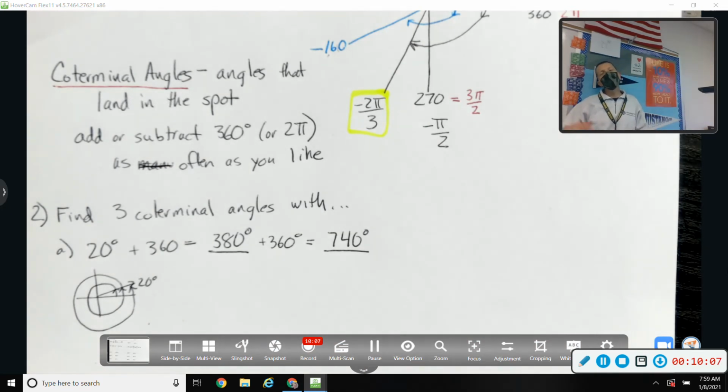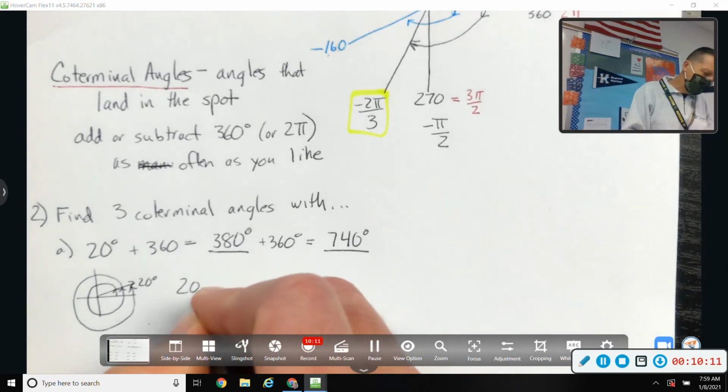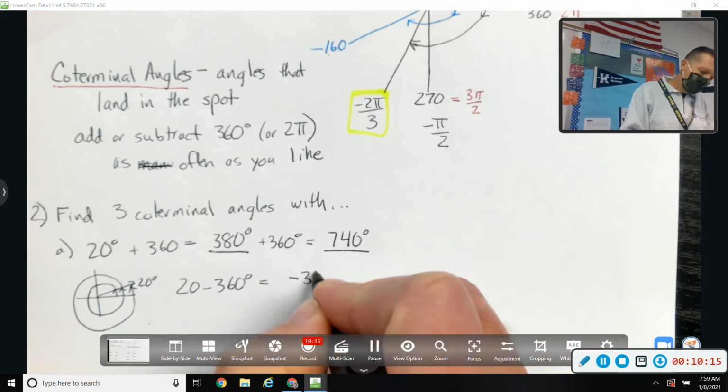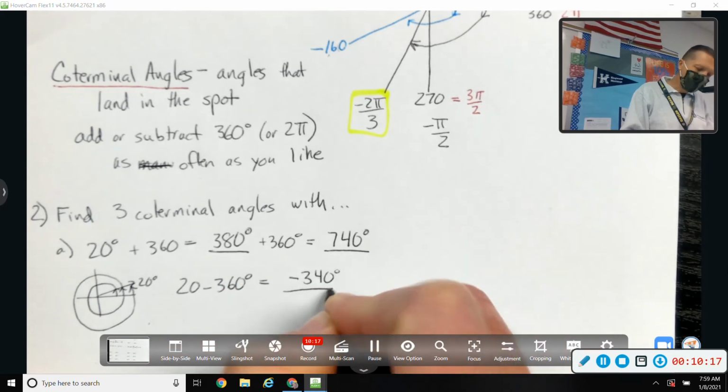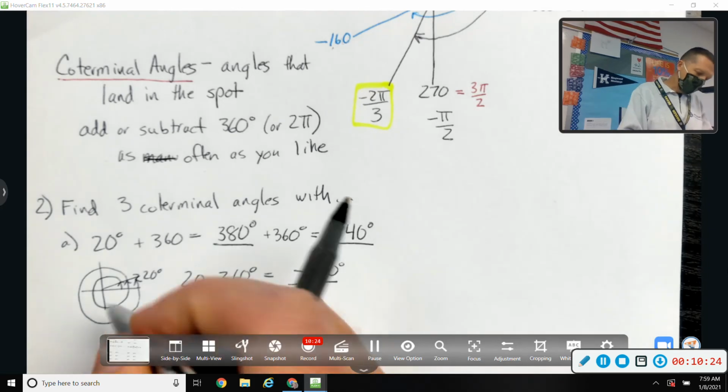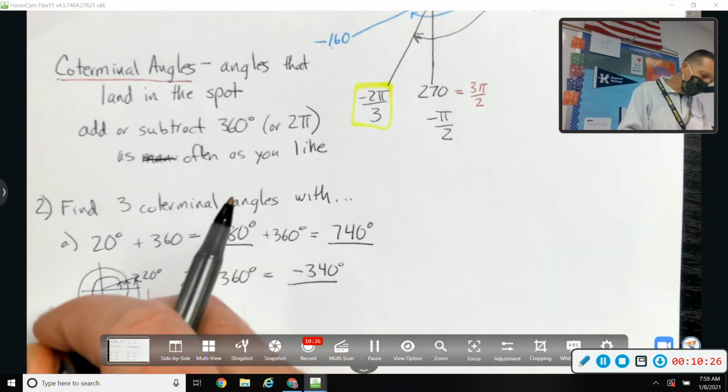I could spin around another 360 degrees, or I could back up one, so just to show the minus, I'll do 20 minus 360 degrees. And that would be negative 340. So that would be starting here, going backwards all the way around.